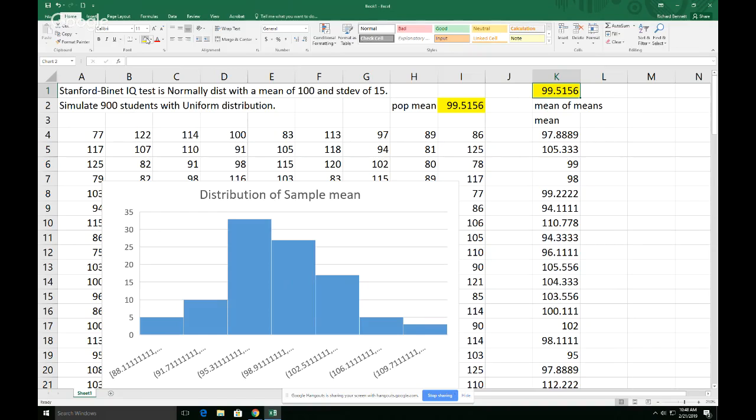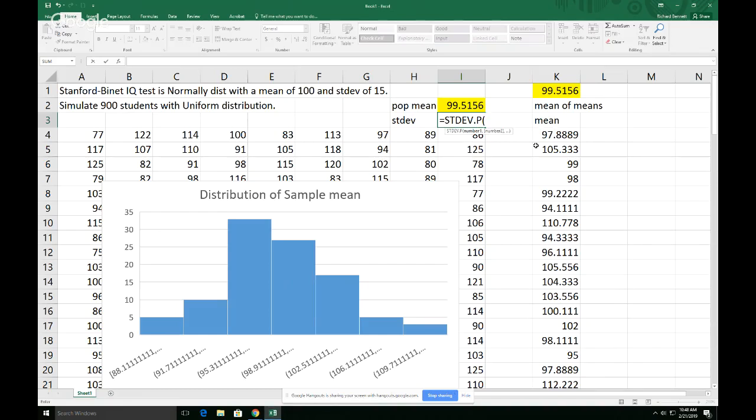Now, let's talk a little bit about the standard deviation. How would I find the standard deviation of the population quickly and easily? STDEV, and then which one do I pick? No, we're going to do the dot P for the population, right?